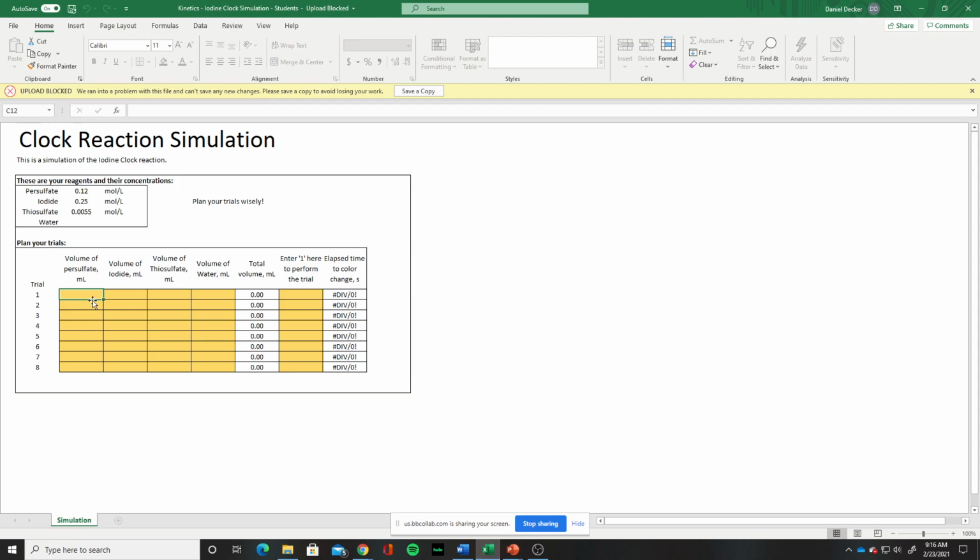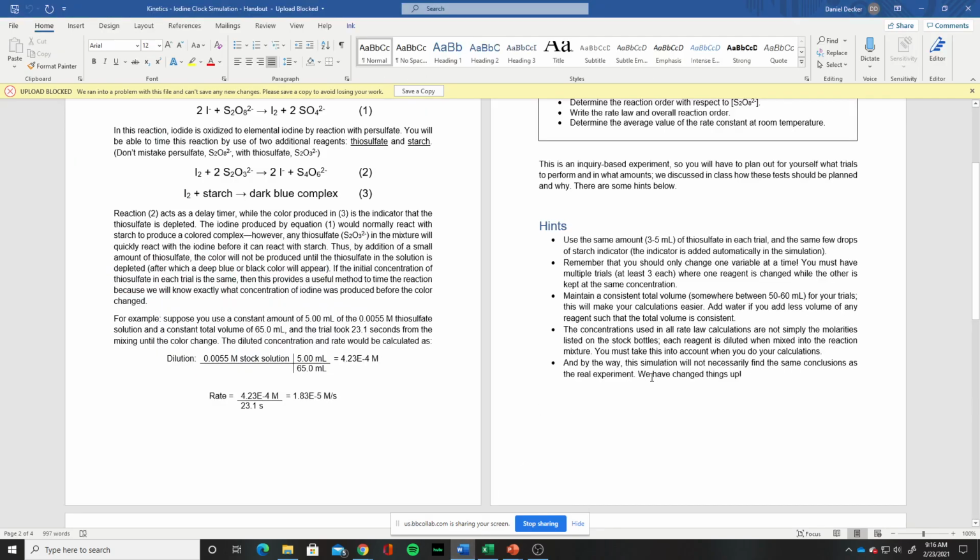Because over here in this table, you're going to be putting in a number of milliliters, and then it's going to give you the time that it takes. However, when you go through and you make your second table, which we'll talk about in just a minute, you're going to want to put in molarities there, not mils. You need molarities in the second table, not milliliters.